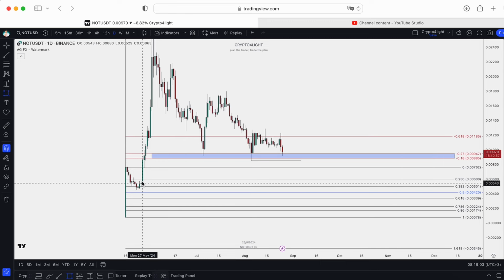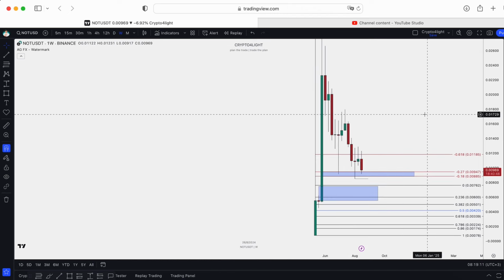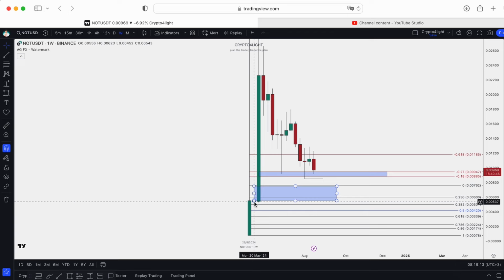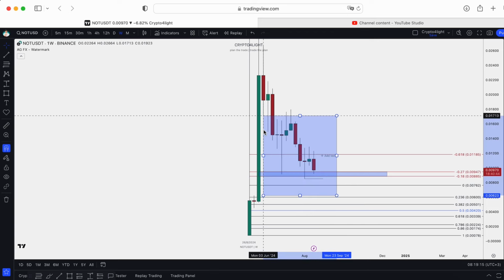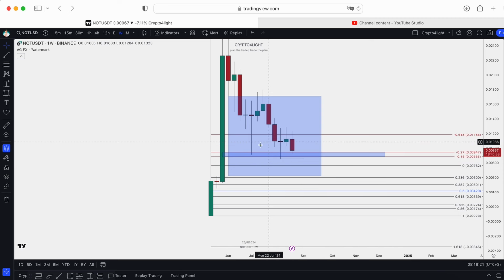Also, we have this daily gap. So this is the main target now for market makers to drop the price lower. Technically, we also have a weekly gap, and we already closed more than 50%. But anyway, the fulfill of that weekly gap is almost the fulfill of the daily gap.